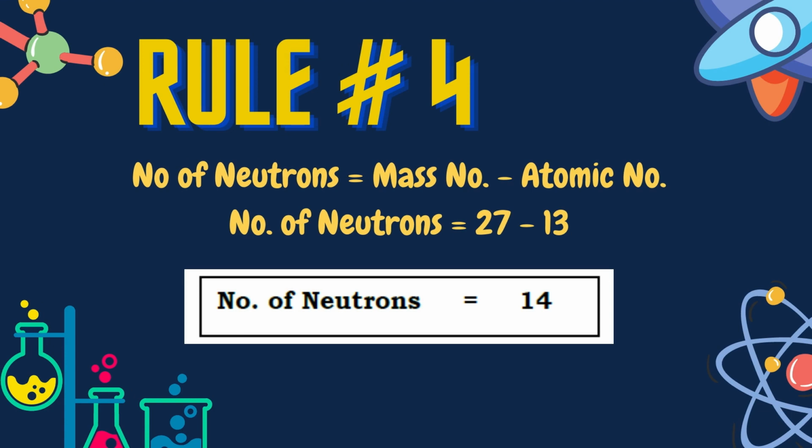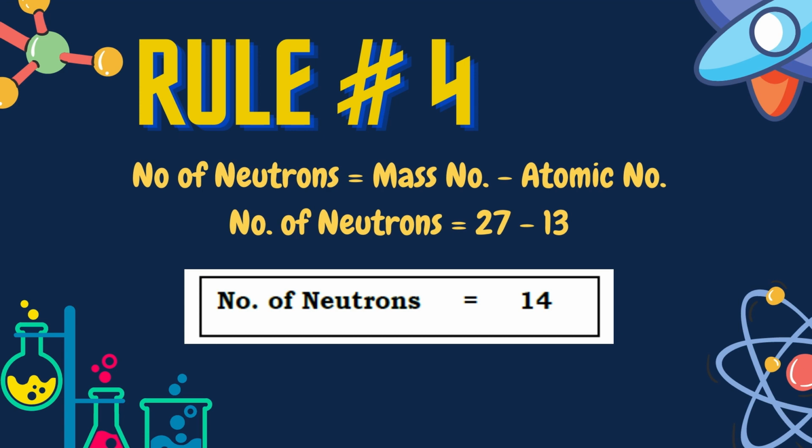Rule number 4. The number of neutrons is equal to the difference of mass number and atomic number. Number of neutrons is equal to mass number minus the atomic number. Number of neutrons is equal to 27 minus 13.